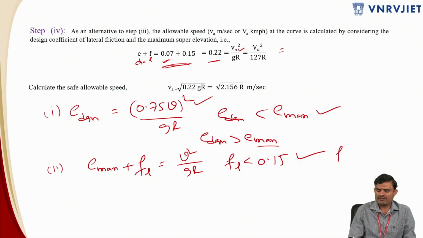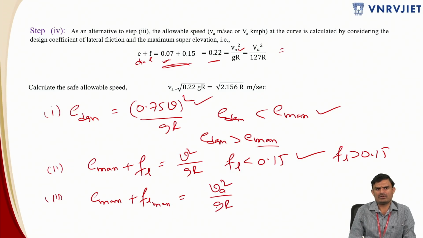If that is not the case, if FL exceeds 0.15, then you have to restrict both of them. So E maximum, because E has already exceeded its maximum value, and FL also maximum. I'll write it as FL maximum is equal to, you have to reduce the speed, VA square, that is the allowable speed, is equal to GR. Whatever the code recommends as the maximum value of super elevation based on the type of the terrain, you have to incorporate that value, and FL maximum will remain constant.